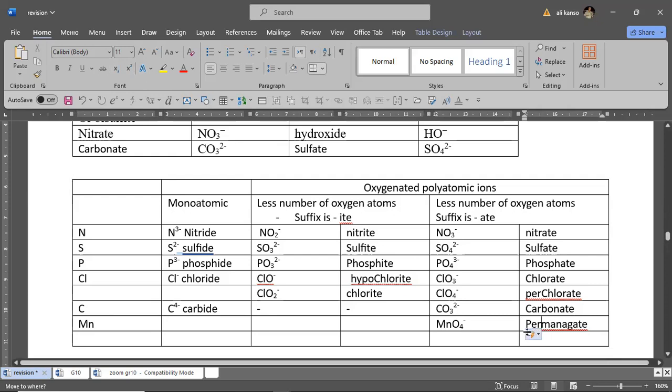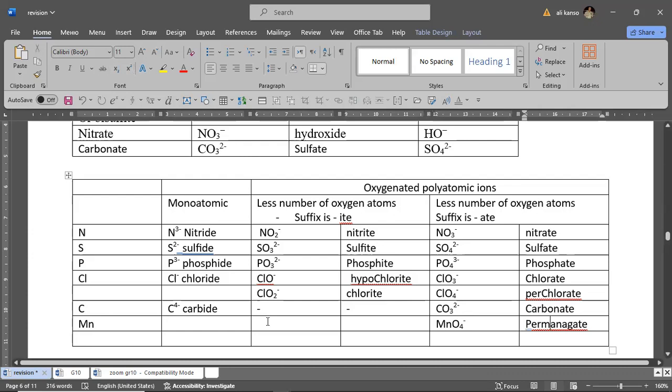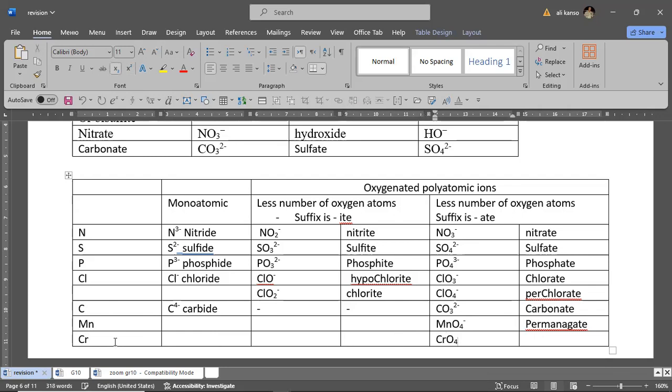Okay. CrO4 2 minus, called chromate. Cr2O7 2 minus, we call it dichromate.